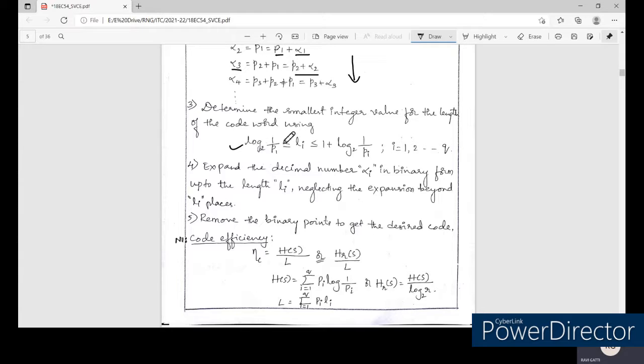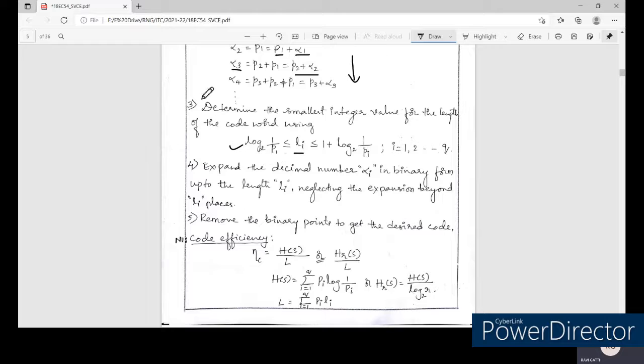To find the length of the code word for each source symbol, I will use this equation: log 2 to the base 1 by pi is less than or equal to li, which is less than 1 plus log 2 to the base 1 by pi. You need to calculate this length for all the source symbols.